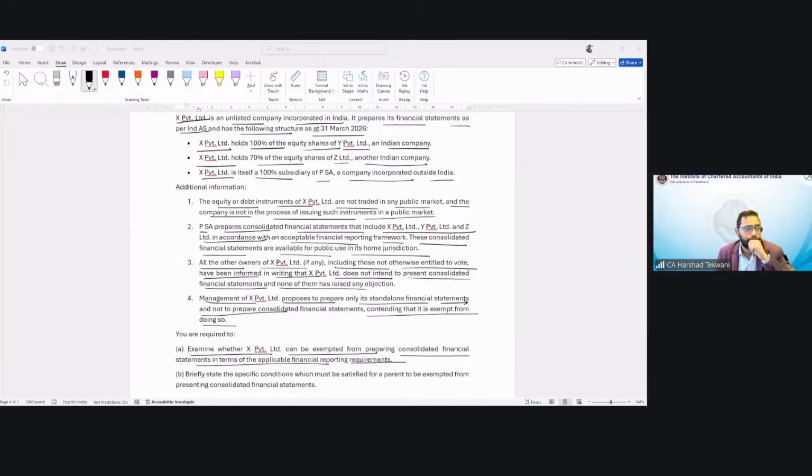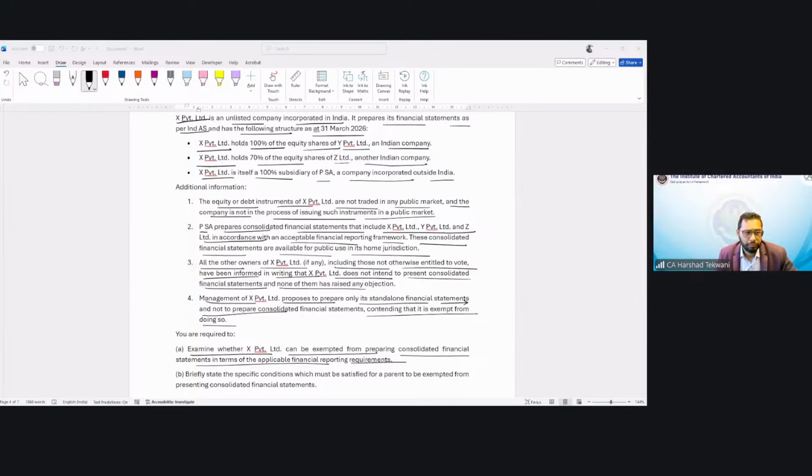When the uppermost holding company is preparing a CFS and the intermediate company is not required to prepare, when the objection is received from all the downside stakeholders, shareholders. That is one clause. Another clause is that when there is an investment company, for them also it's not required to prepare the CFS. It's optional for investment company.